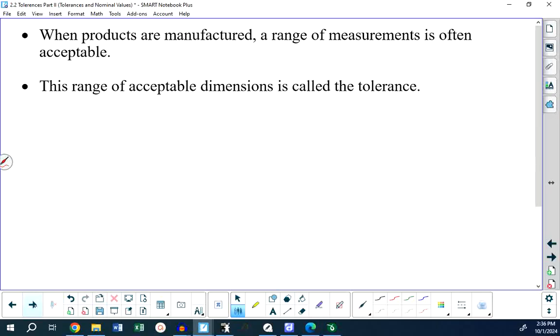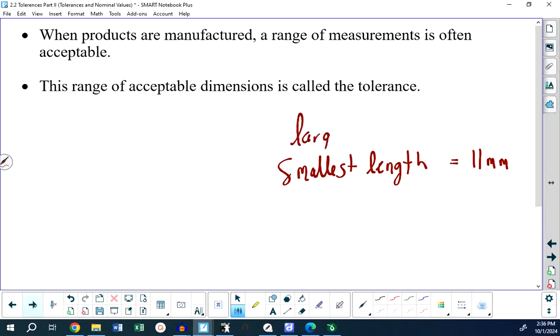Let's say, just as an off-the-cuff example, not an official example in your notes, that the smallest length that would still work, I don't care what we're talking about, the length of a little dowel, the length of a screw, whatever, is 11 millimeters, and the largest length that would still work is, I don't know, 14 millimeters.